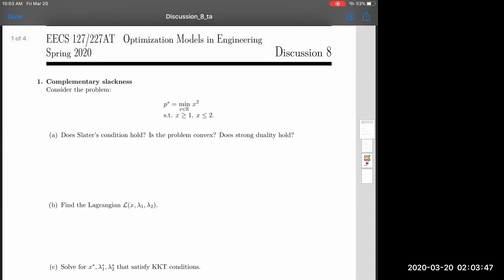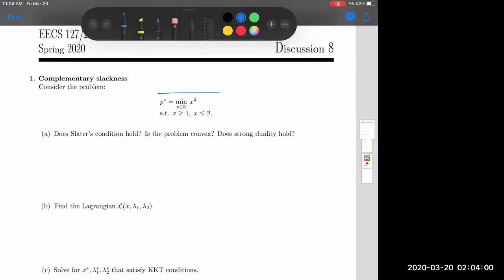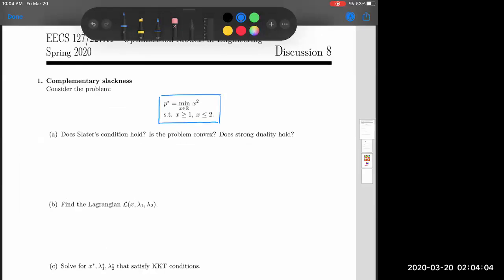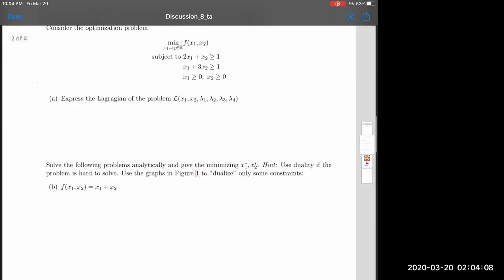So this discussion has two problems. The first one is about complementary slackness and KKT conditions. It is trying to have you solve a really easy, straightforward problem, just to make you understand what the KKT conditions are.